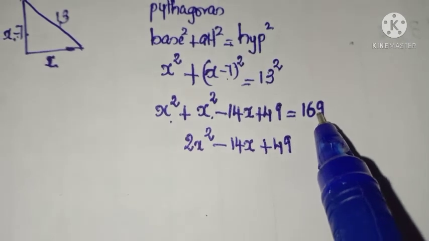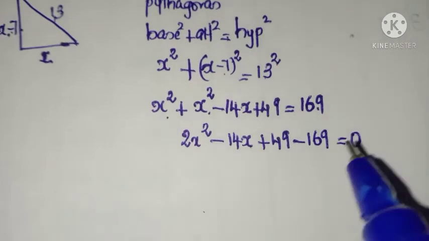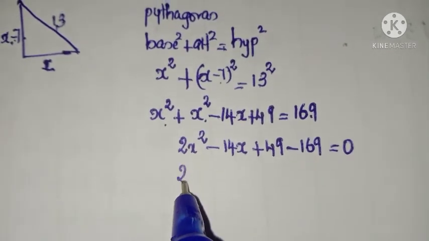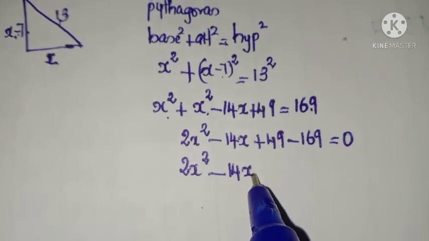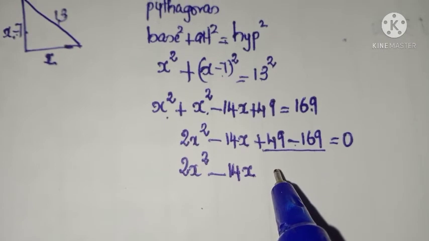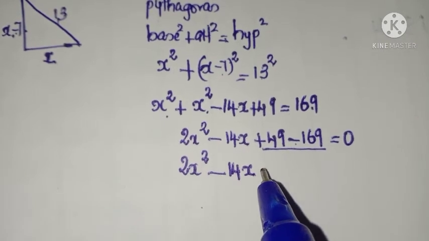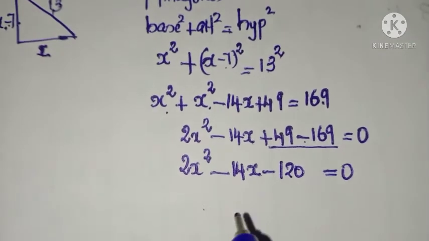Take this 169 to left side. So this is minus 169 equal to 0. This can be written as 2x square minus 14x plus 49 minus 169, which is equal to minus 120, equal to 0.